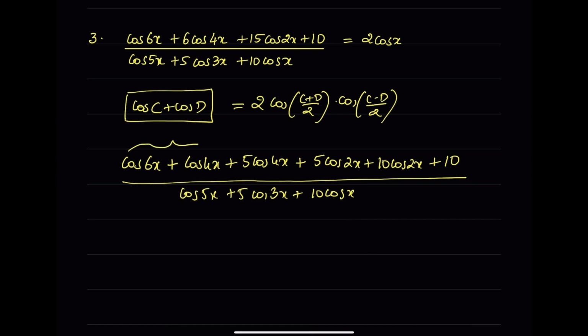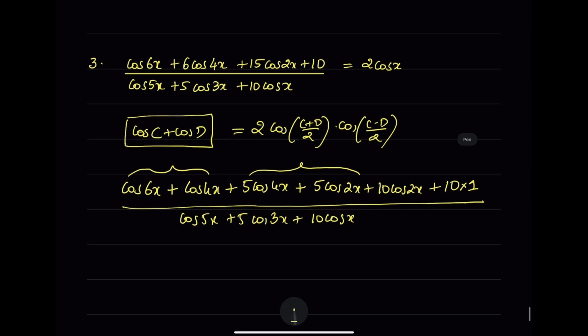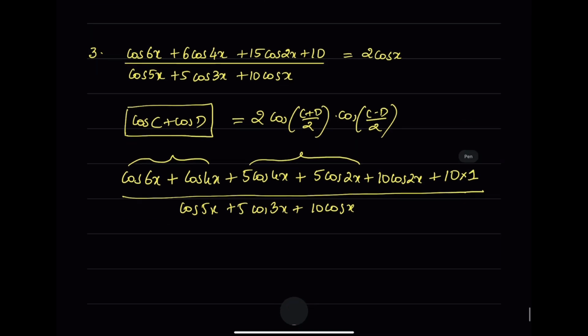Now we have the format of cos C plus cos D, and here if we consider 5 as a common parameter, we have cos C plus cos D. But in the last variable we don't have cos C plus cos D. But if we consider this to be 10 times 1, and 1 can be written as cos of 0x, because cos 0 is 1.